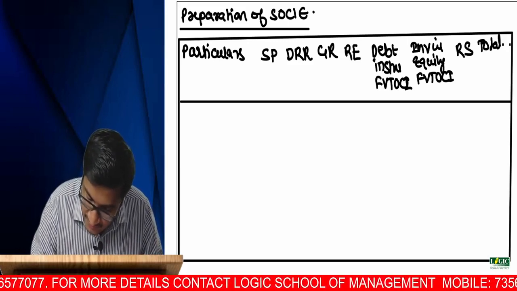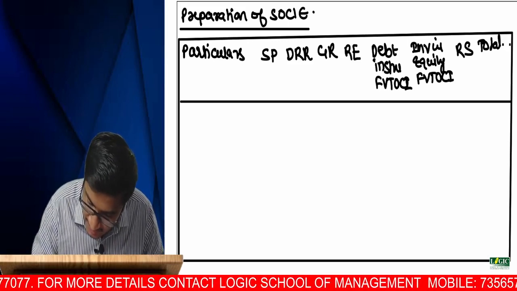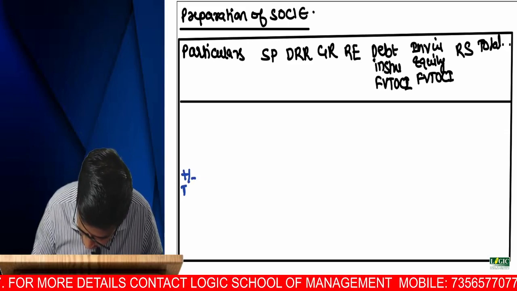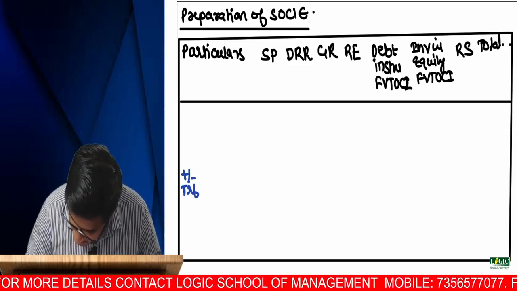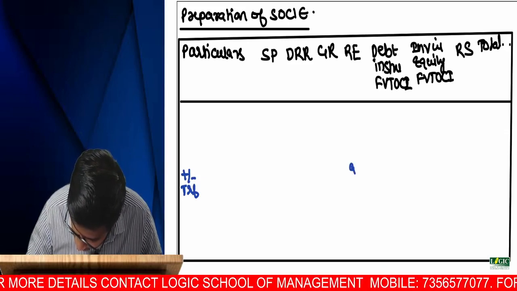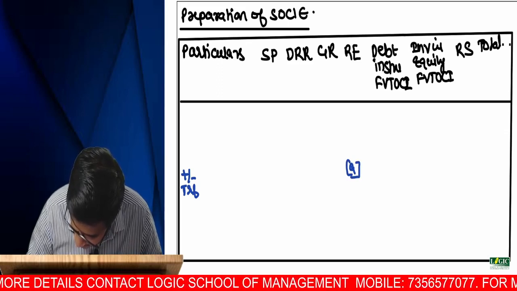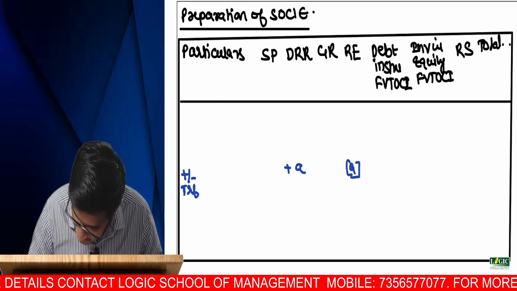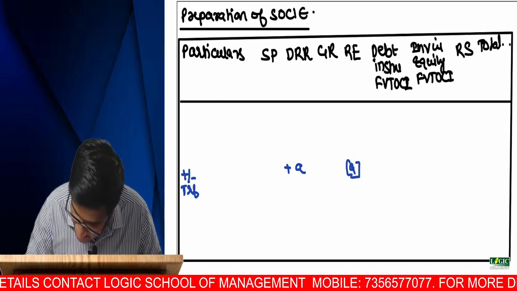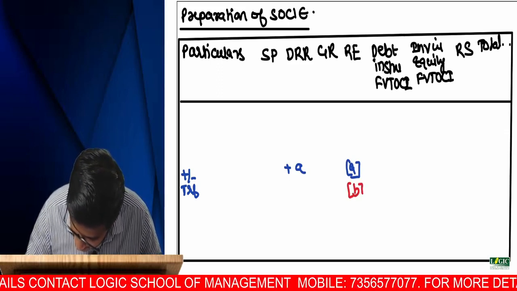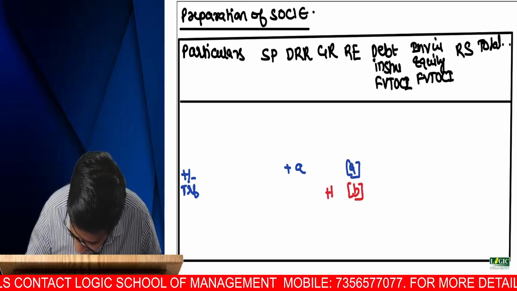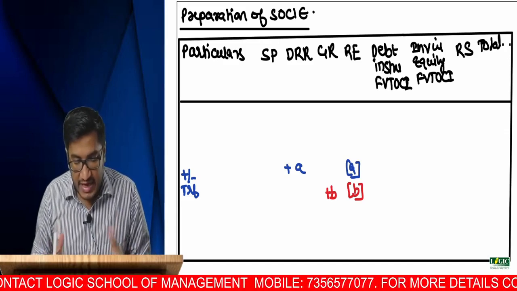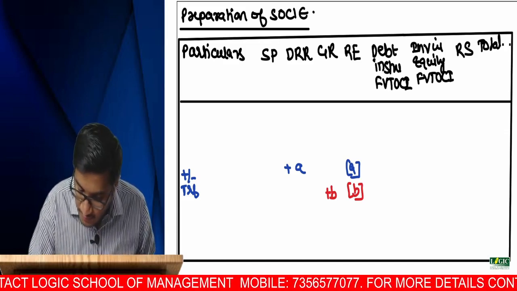But transfer to general reserve and transfer to DRR, how did we present it? Plus or minus transfers. Retained earnings, say A എന്ന് പറഞ്ഞ amount minus ആയി, DRR A എന്ന് പറഞ്ഞ amount add ആയി. General reserve say retained earnings B എന്ന് പറഞ്ഞ amount minus ആയി, general reserve B എന്ന് പറഞ്ഞ figure add ആയി. ശരിയല്ലേ?